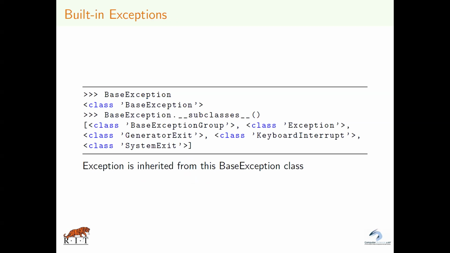These exceptions are the elements of the larger class, which is called BaseException. If you type BaseException dot and this hidden method __subclasses__, it will list all the subclasses: Exception, GeneratorExit, KeyboardInterrupt when you type Control C, and SystemExit.